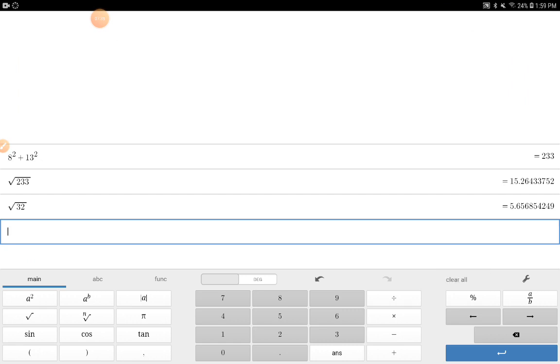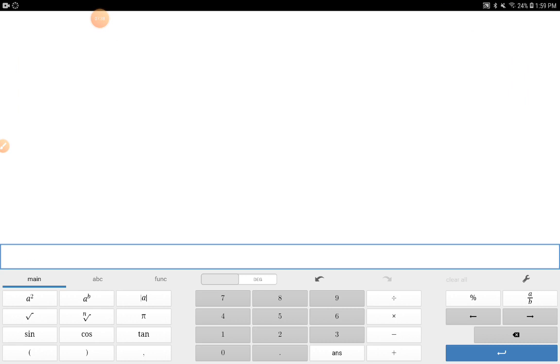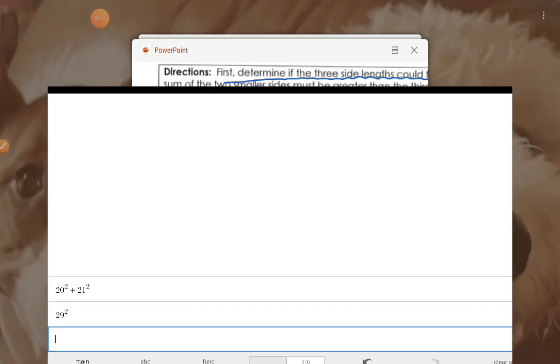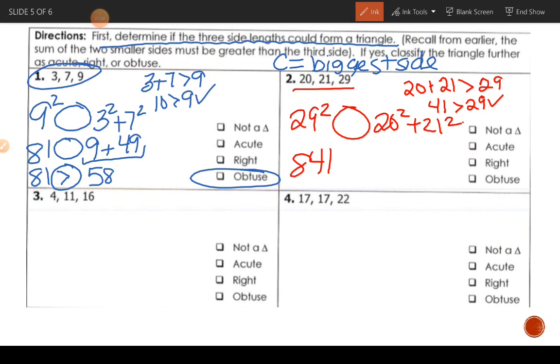This was in here from my last video. You can type in 20 squared plus 21 squared, and we get 841, and then we have 29 squared, and that also equals 841. So they're actually going to be equal this time.